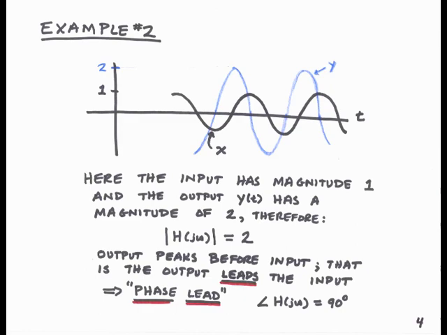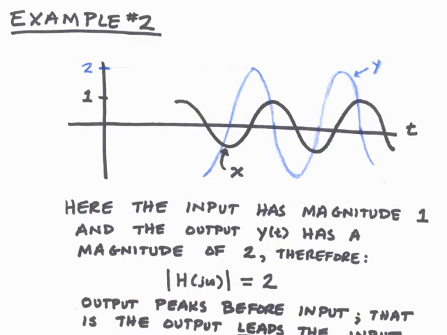Now let's look at a second example. The input, x, shown in black, is again cosine omega t, and it has a magnitude of 1. The output, y, shown in blue, has a magnitude of 2. From this, we know that the magnitude of H of j omega at this frequency is 2, because that's the ratio of the amplitude of the output to the amplitude of the input.